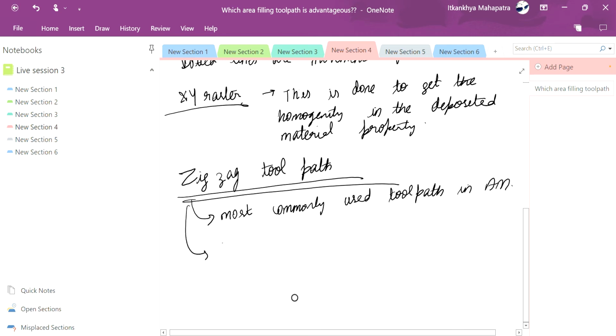It has less build time and fewer transition motions.